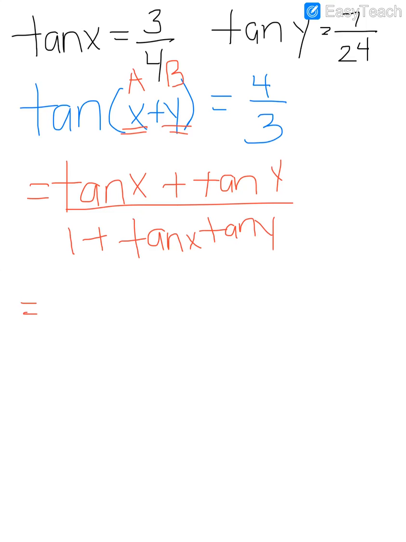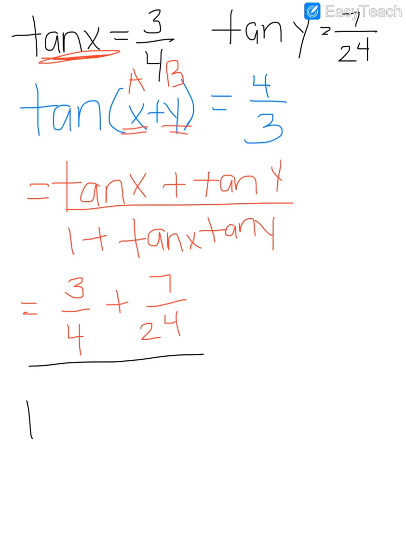Okay, that's equal to the tan of X I have right here, right? So tan of X is 3 over 4 plus the tan of Y is 7 over 24. And this is all over a denominator of 1 plus tan x, so tan of x is 3 over 4, times tan of y, which is 7 over 24.